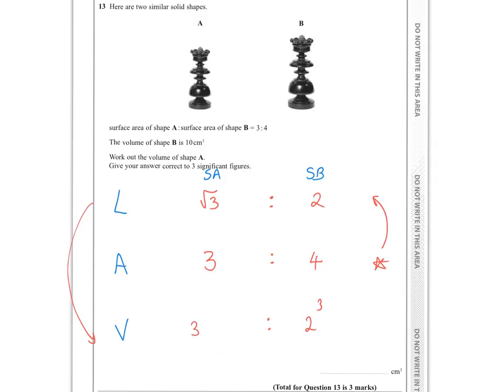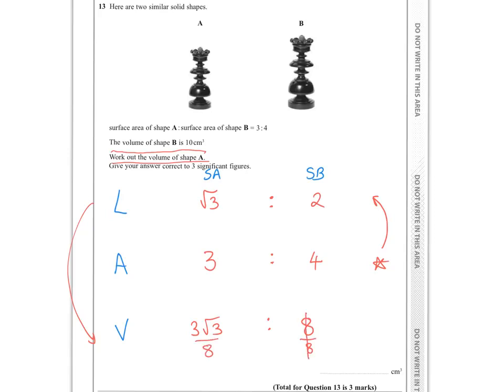So we've got 3 root 3, and here, instead of writing 2 cubed, I can just write 8. Now it says the volume of shape B is 10 centimetre cubes. Work out the volume of shape A. Well, what I'm going to do is, for shape B's volume ratio, I'm going to divide both sides by 8.